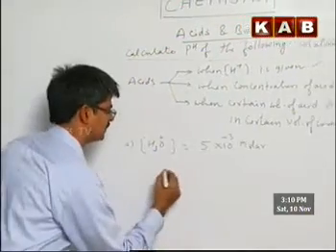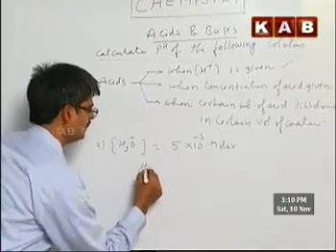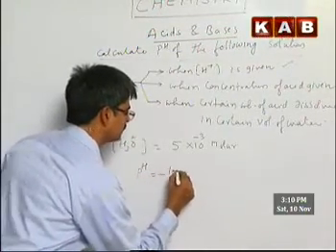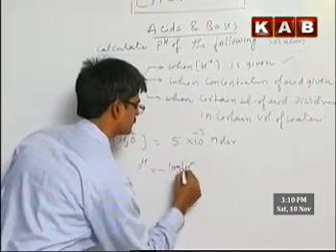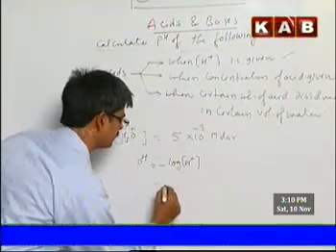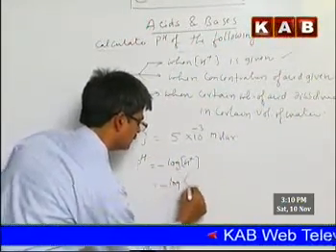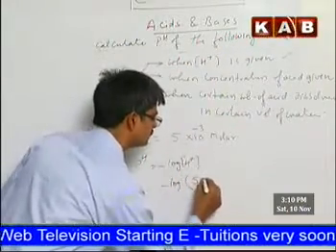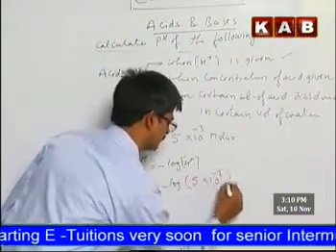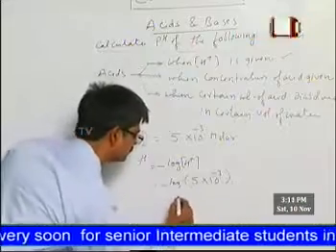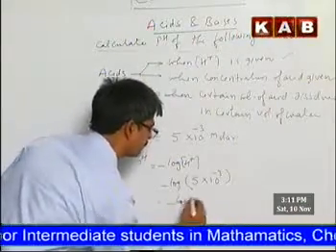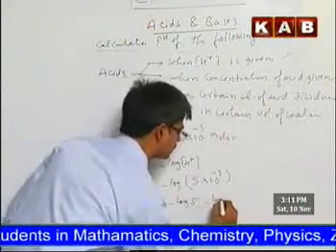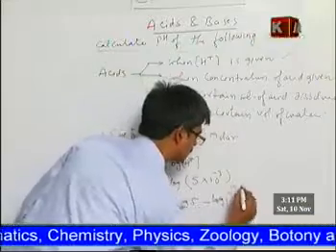Now apply the fundamental formula, which is pH is equal to minus of log H plus, that is equal to minus log. So in the place of H plus we are writing this term, that is 5 into 10 to the power of minus 3, which is equal to minus log 5 minus log 10 to the power of minus 3.